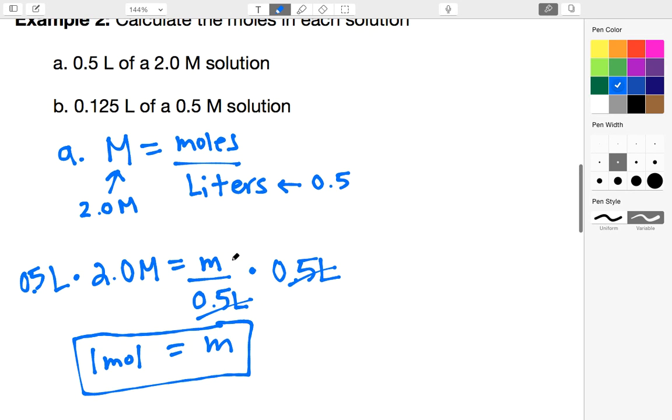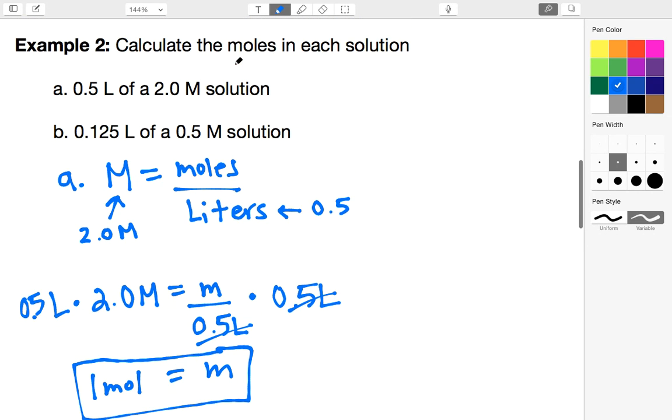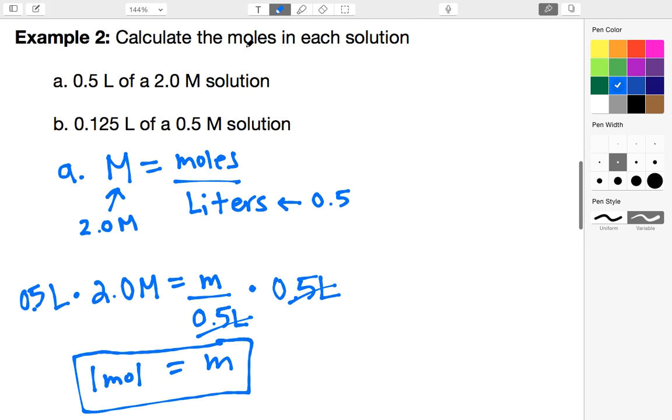And therefore, if I have a 0.5 liter solution of a 2.0 molarity solution and I'm looking for how many moles, I will have exactly 1 mole, right?